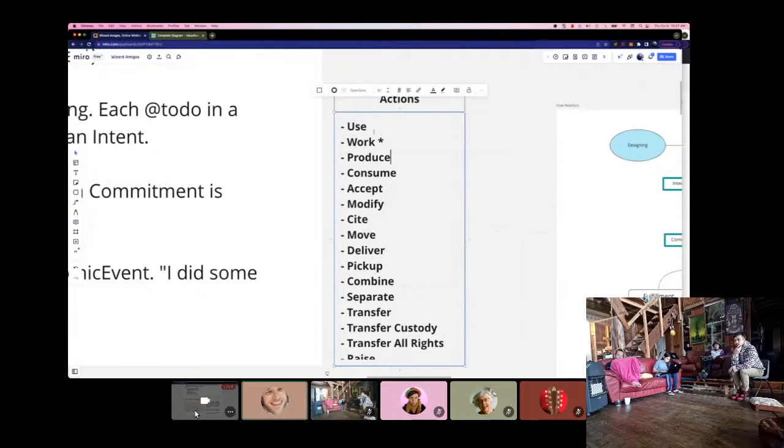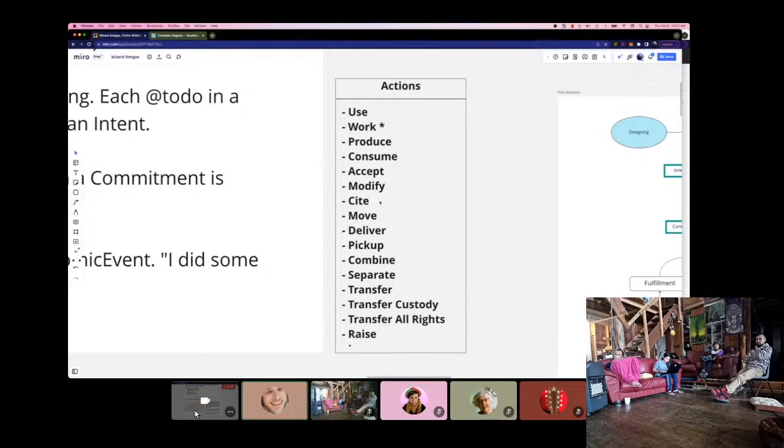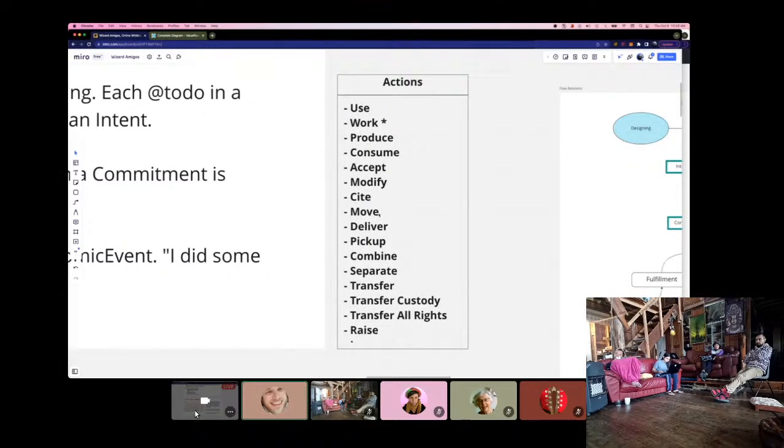You might use an oven, right? The rolling pin hopefully doesn't get incorporated into the pie. So that's stuff that doesn't get used up. You can also cite something. If you're looking at a document, or if you're doing research, you might cite a document. You can move something, right? If you're just moving it from one place to another, pickup and delivery.